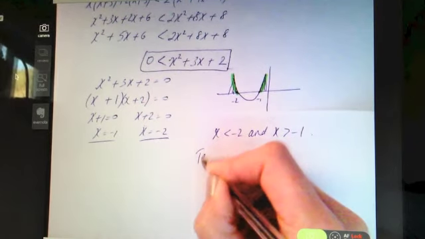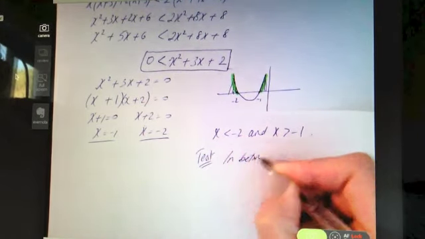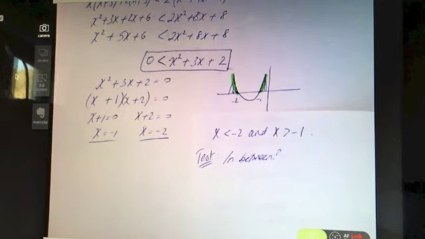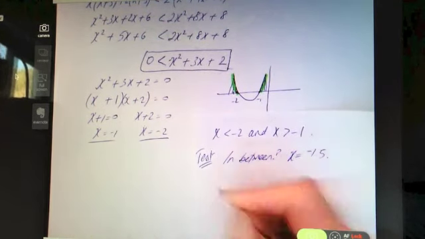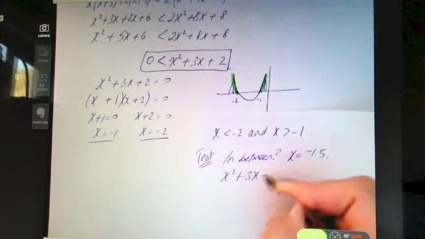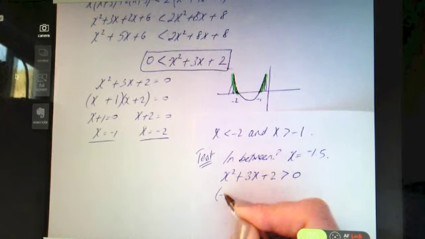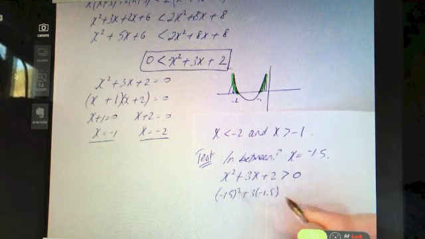Okay, and if we are testing, so maybe we take the test and go again in between. Let's test if it's in between the roots. So the two roots are minus 1 and minus 2, so a value in between would be minus 1.5. So testing that value minus 1.5 into the inequality would be minus 1.5 squared plus 3 times minus 1.5 plus 2.